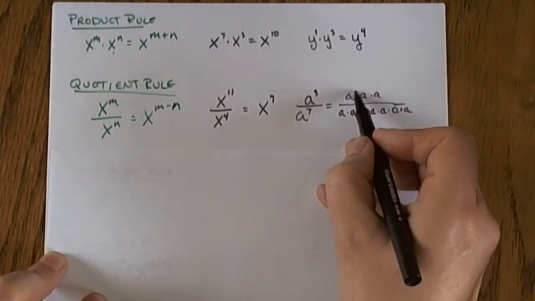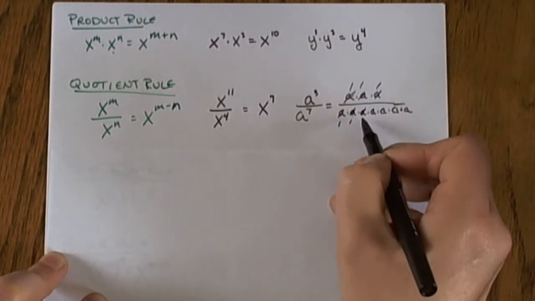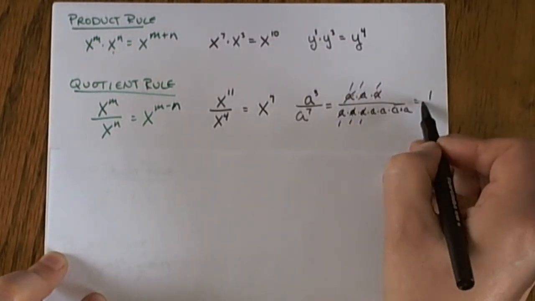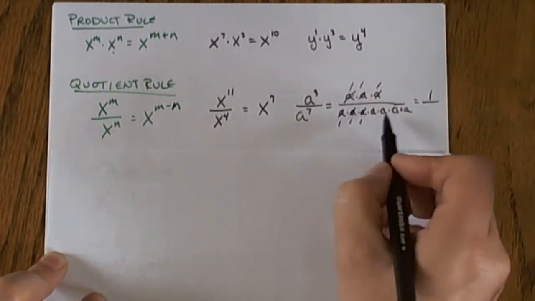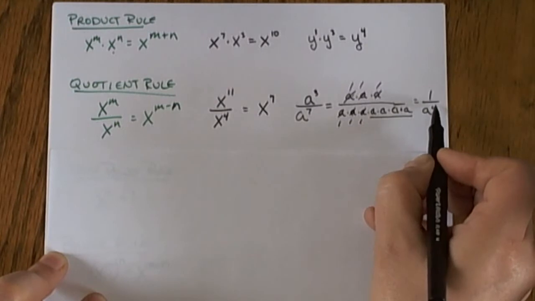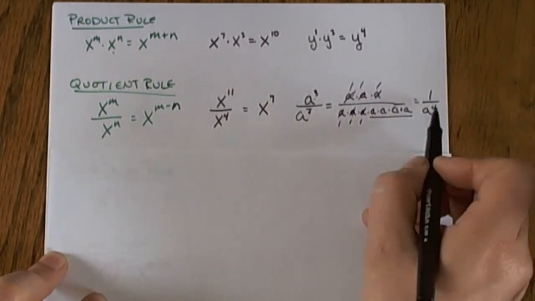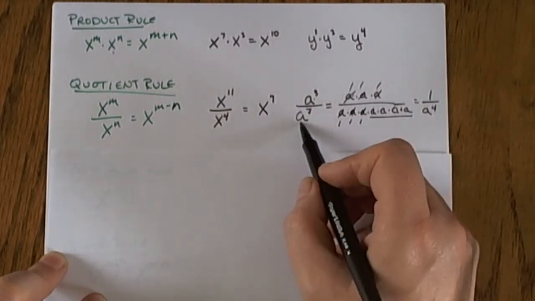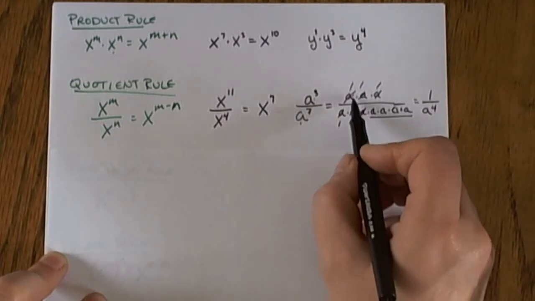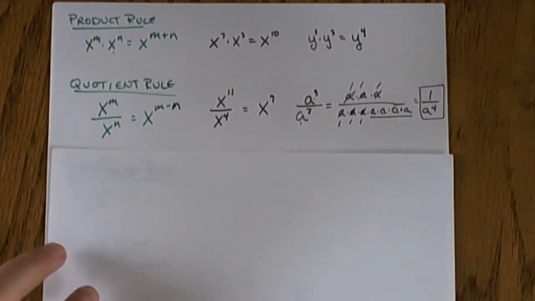And as I started canceling them out as common factors, I'd cancel out 3 on the top and 3 on the bottom, and I'd be left with just a 1 on the top and 4 a's being multiplied on the bottom. So again, this exponent is the difference between these two exponents. 7 minus 3 is 4. But in this case, there's more of that base on the bottom of the fraction, so it ends up in the denominator.